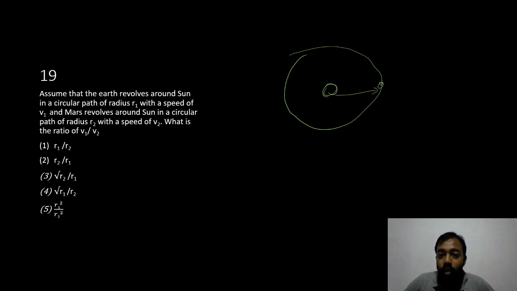If the radius of this path is r, what is the necessity for this circular motion? There should be a centripetal force. That centripetal force is supplied by the force of gravity. So you can write the equation for centripetal force as mv squared over r. Here the mass of the Sun I am taking as capital M, and mass of the planet I am taking as simple m.